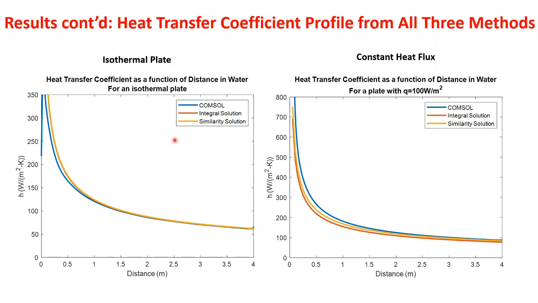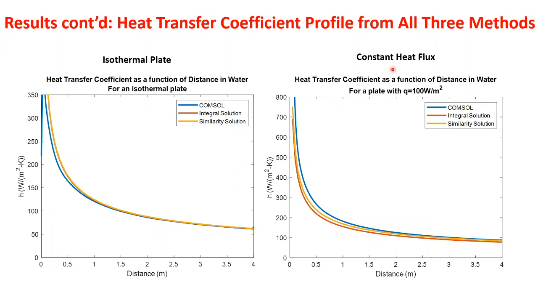You can see that the integral and similarity solutions overestimated the local heat transfer coefficient relative to what COMSOL predicted. And again, just to remind you, the integral that I used to score these curves starts at about 0.2 here and takes this area to the end of the domain under the curve.